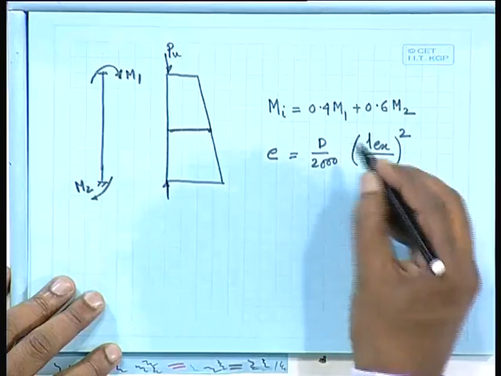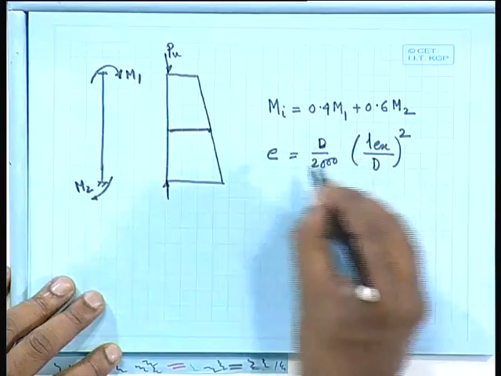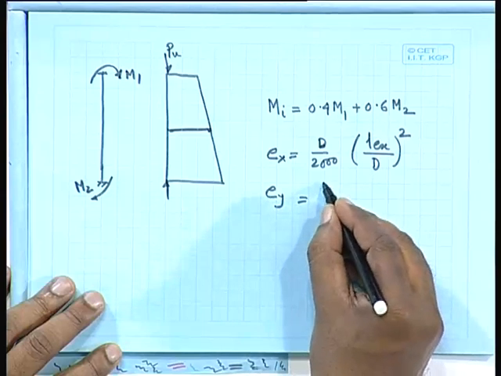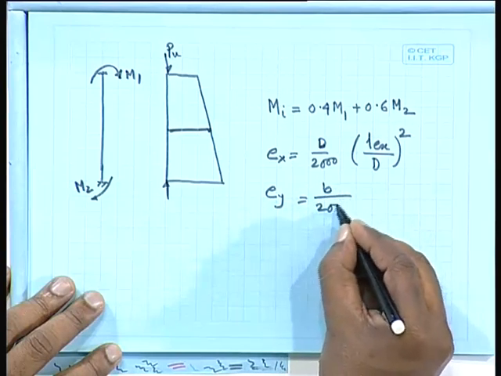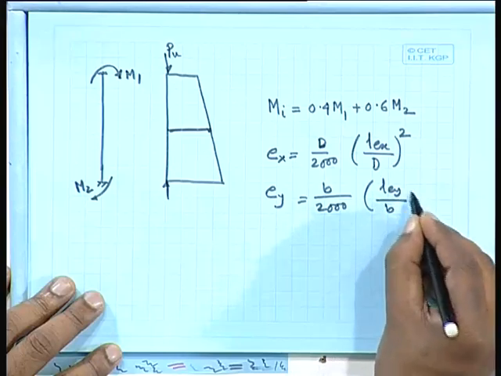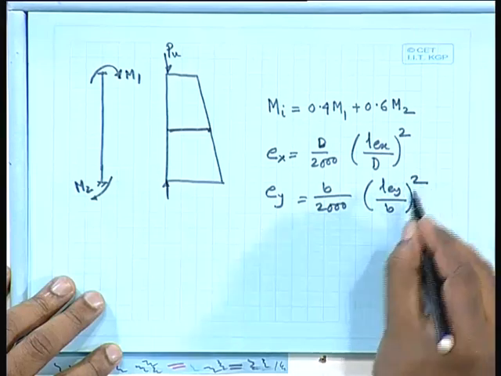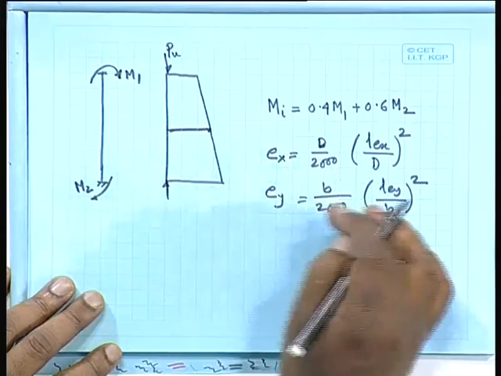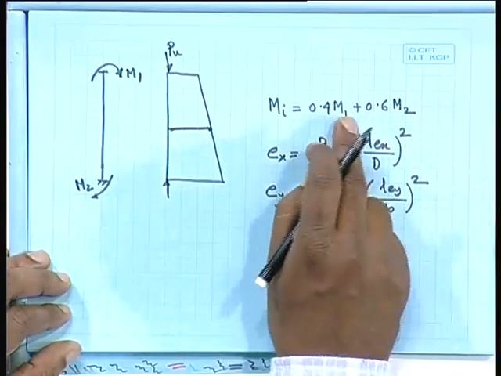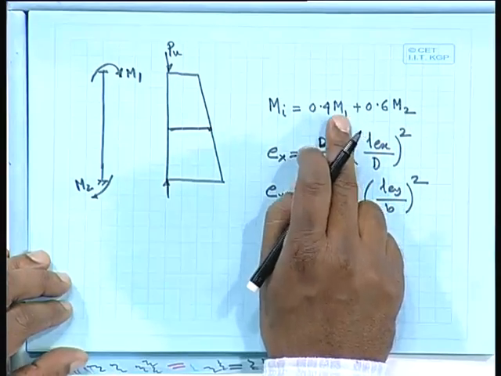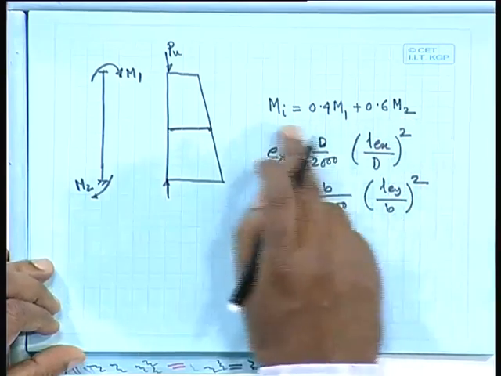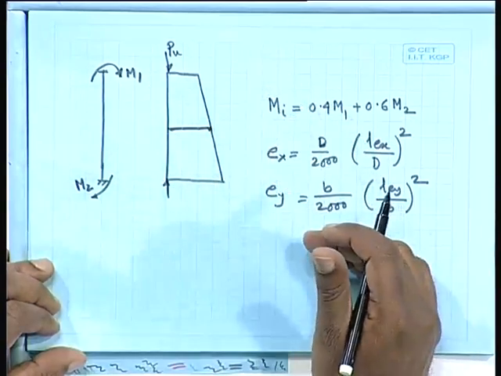So, this I can get, let us say ex. Similarly, ey will be equal to b by 2000 multiplied by Ley by b whole square. So, we shall get ex and ey, the different values, and similarly I can get M1 along x, M2 along y. Similarly, from the other axis we shall also get it.